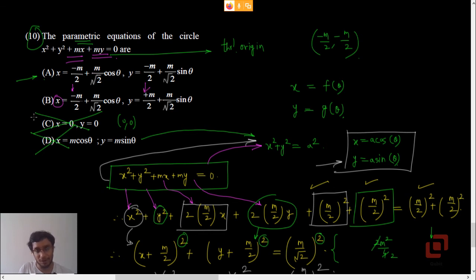If at all B were the correct option, then these two terms should have been identical, but in this case they don't have the same sign. We have negative m by 2 and here we have positive m by 2. So option A. You can even solve this question by eliminating the options.